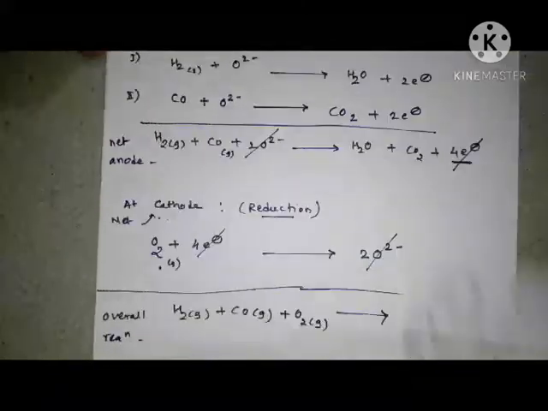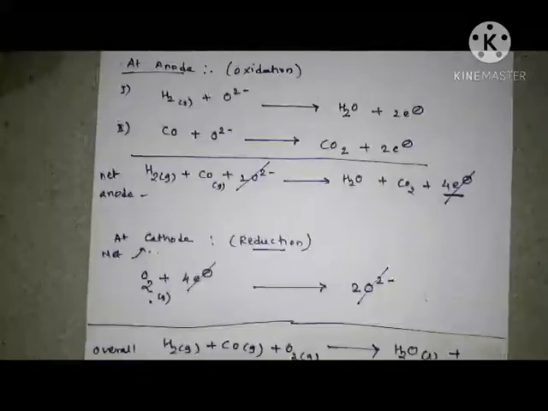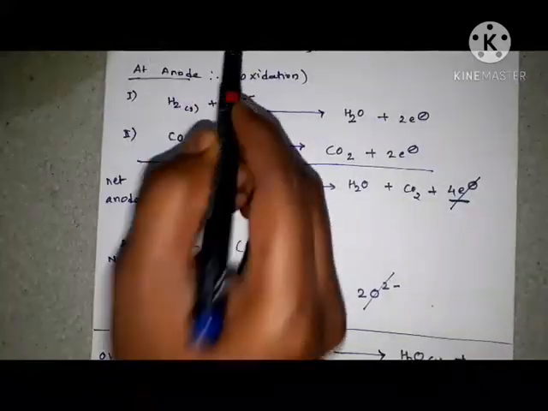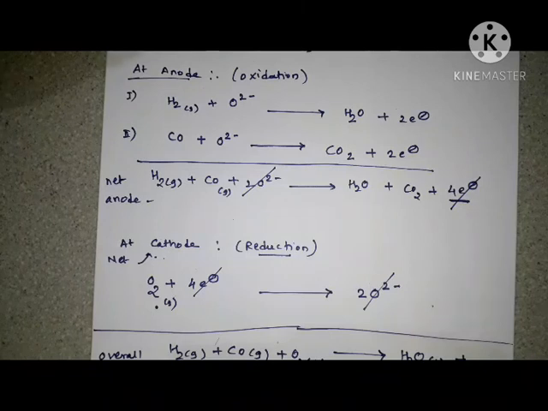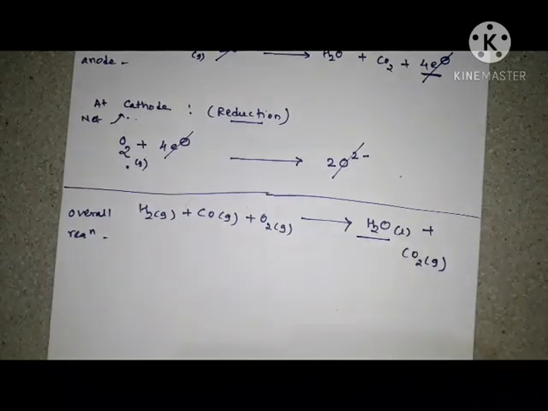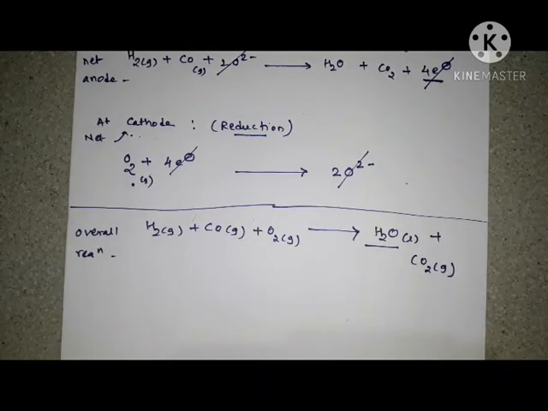So this is the whole cell reaction of the solid oxide fuel cell. The main purpose of the solid oxide fuel cell is production of a high amount of electricity, and water is also a byproduct. So this is the solid oxide fuel cell. In the next video I will take the molten carbonate fuel cell. Okay, thank you.